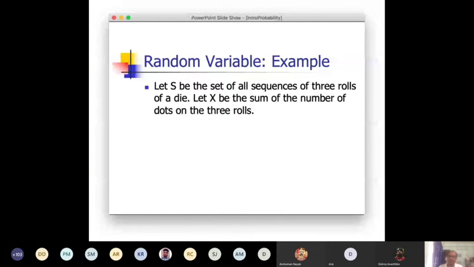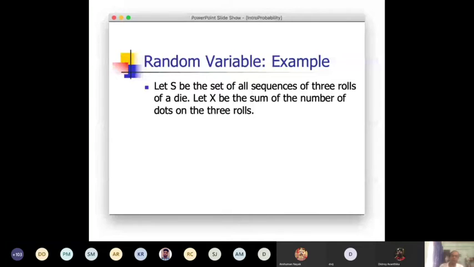Is it okay? Yes, sir. So the values will lie between 3 and 18, and naturally, if I ask what is the probability that the sum is 1, the answer should be 0, right? Or the probability that the sum is 19, the answer should be 0. But it has certain probabilities for each value within 3 to 18. That is the probability mass function. So you have to compute them.